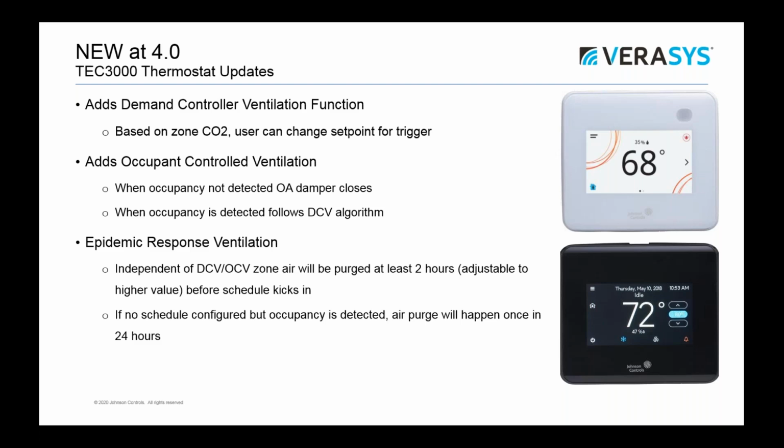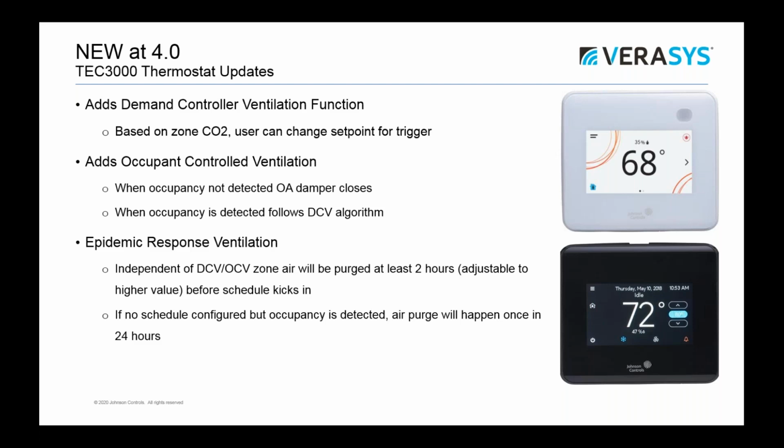Similarly, they've also added occupant control ventilation, which is a similar concept, but instead of needing a separate CO2 sensor, it just strictly uses occupancy to bump that damper open more than what it would be. And then they've added the third feature, which they've called epidemic response ventilation. So completely independent.